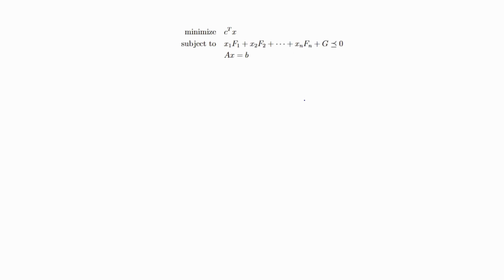Now let's look at another important special case in practice. First, let K be the set of positive semi-definite k by k matrices. Then the conic form problem becomes a semi-definite program. So here's a semi-definite program.